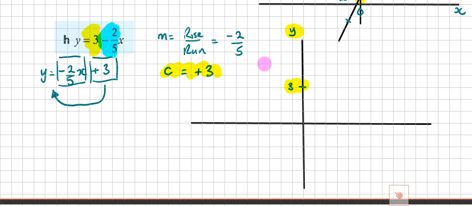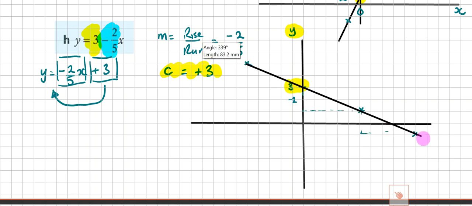We go down 2, minus 2, and across 5. Yeah? Down 2, across 5. We go the other way. We go up 2, across the other way 5. And there we go, some points. Right? And then I can draw my line.